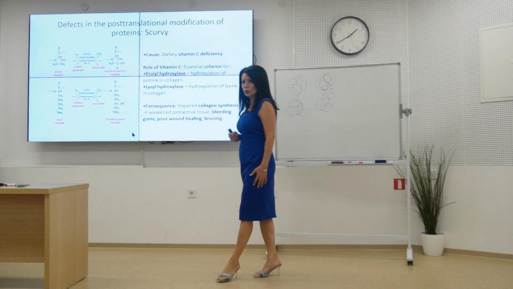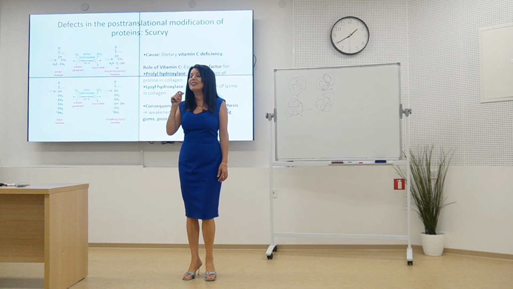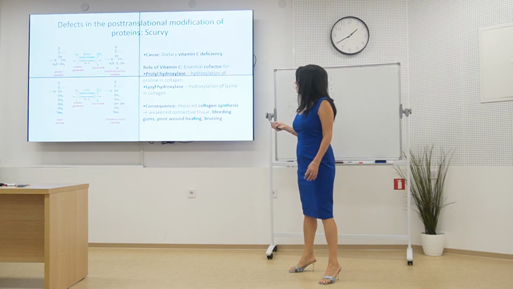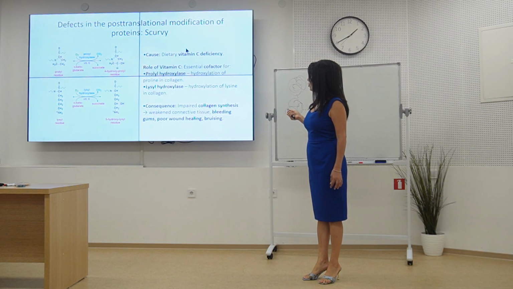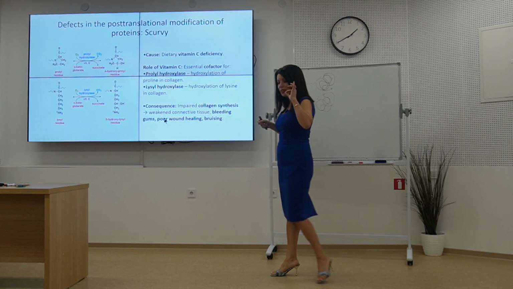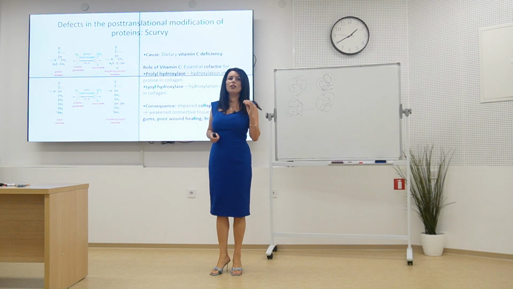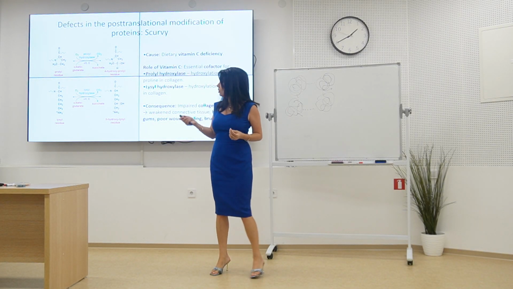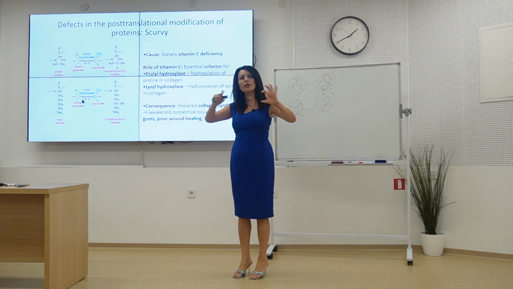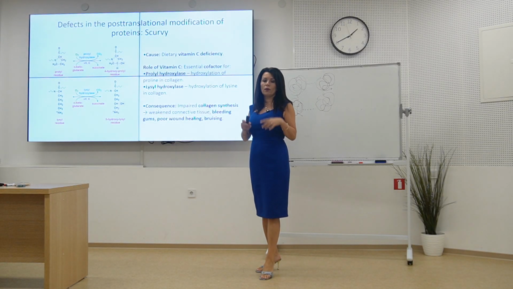These are 2 modifications that are used during the synthesis of collagen. Both of them are used in the formation of a stable collagen. If there is no vitamin C, no hydroxylation, and no formation of stable collagen.